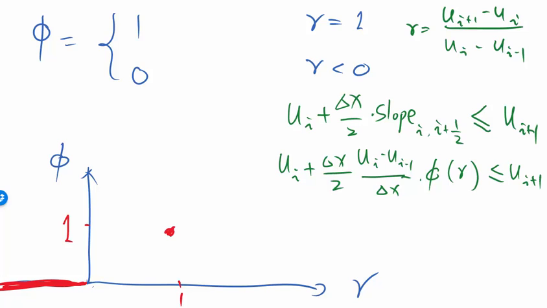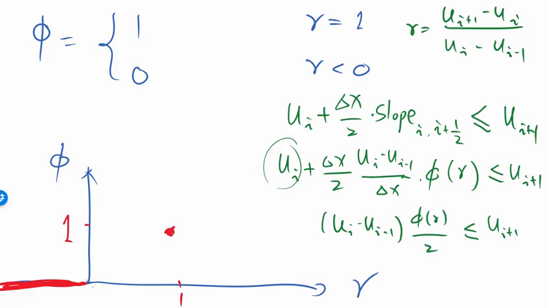And interestingly, if you move ui to the right, that gives us an interesting inequality, because the delta x's cancel each other, so I can just write ui minus 1 times half of phi of r has to be less or equal to ui plus 1 minus ui.